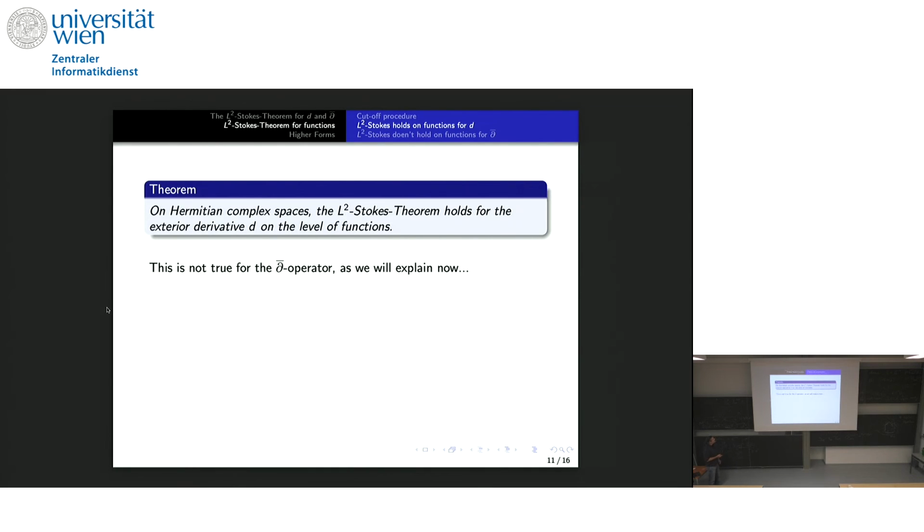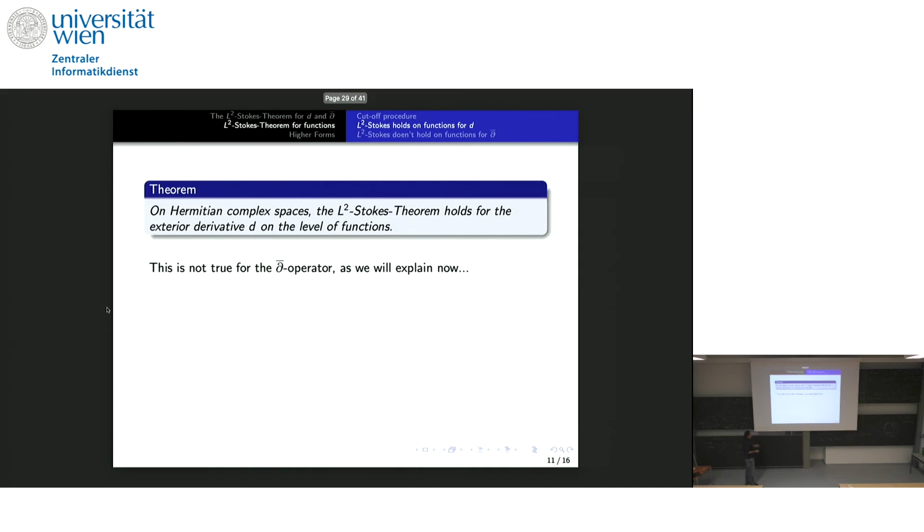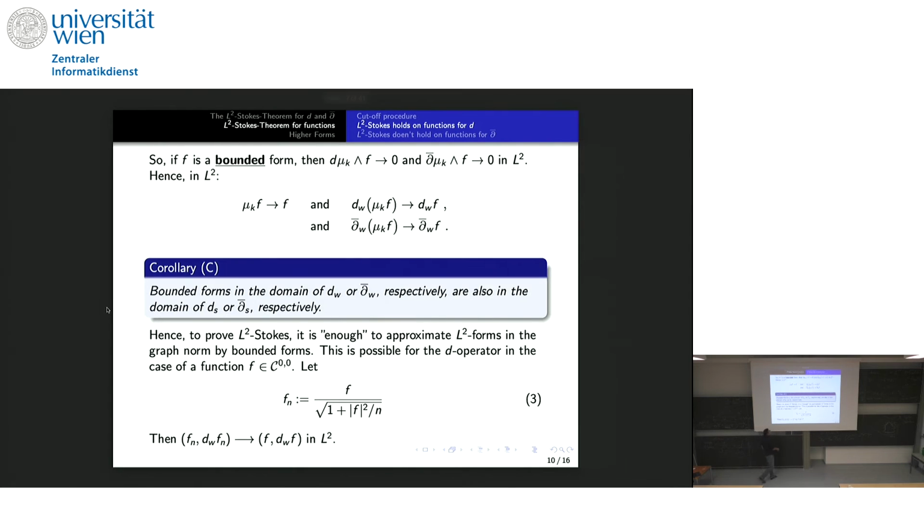The reason is pretty simple. If you consider the d operator, then you will need to consider d of f times f bar, and this behaves like f and df, and both are L2, and this will be enough.